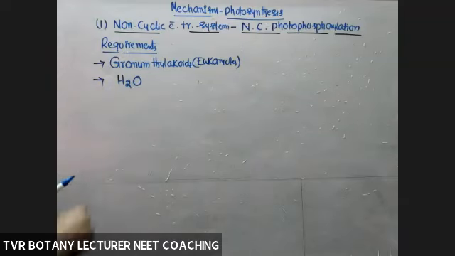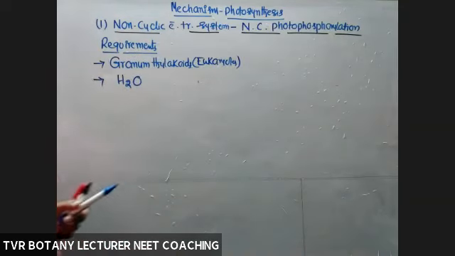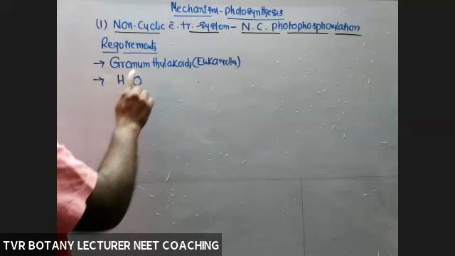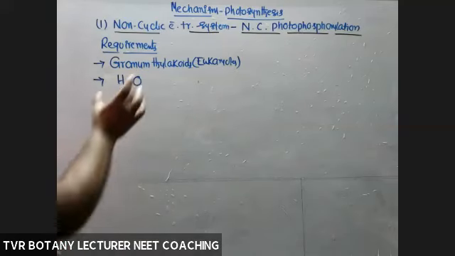They have a non-cyclic electron transport system. So this is present particularly in higher plants, eukaryotes, and some prokaryotes with oxygenic photosynthesis. And bacteria also have a non-cyclic electron transport system, but without the H2O molecule. So H2O usually means oxygenic photosynthesis. So the water molecule.